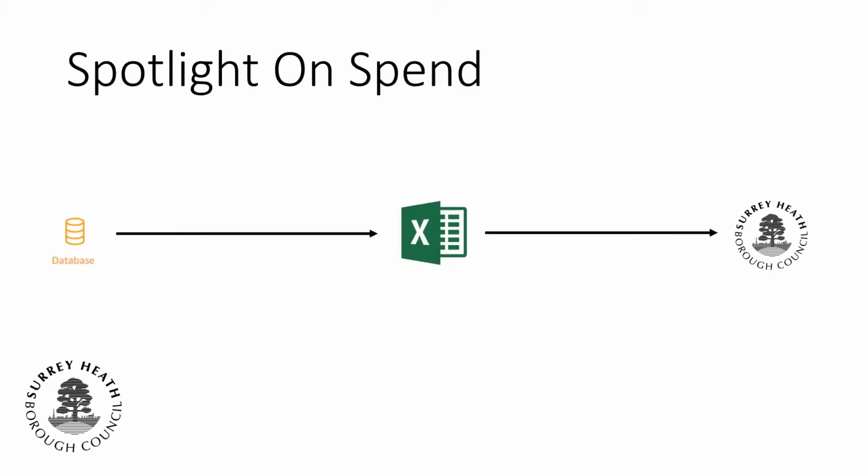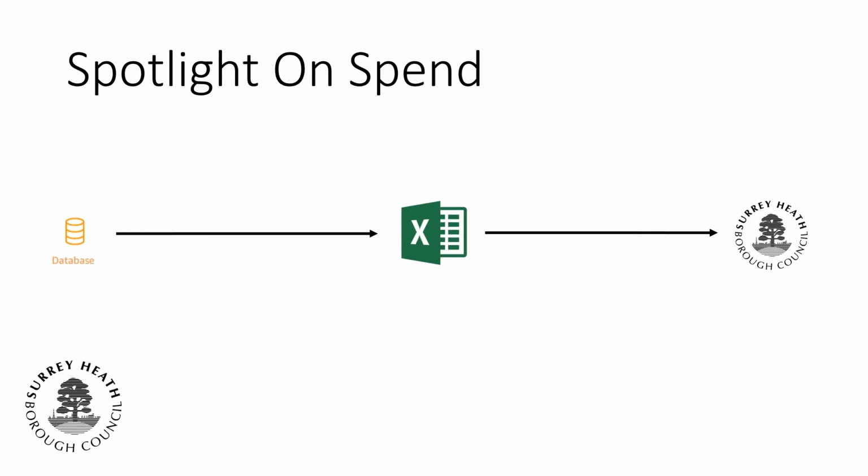So this is basically the old workflow. It was entirely manual. It required someone in IT to execute a nice SQL query and extract the data from the finance databases. It then required finance to redact it in Excel, because they like using Excel.